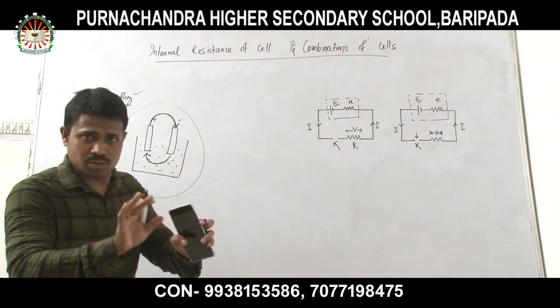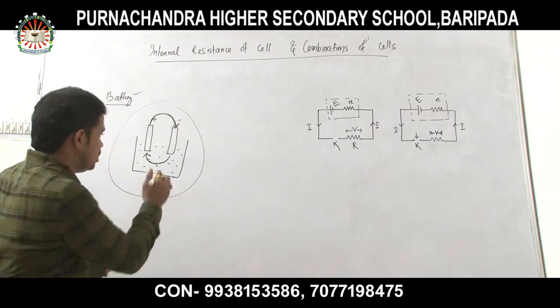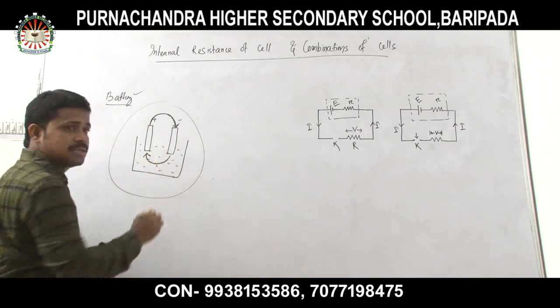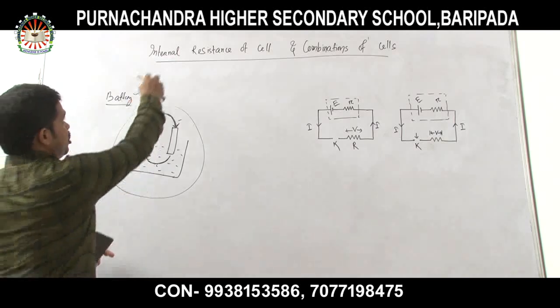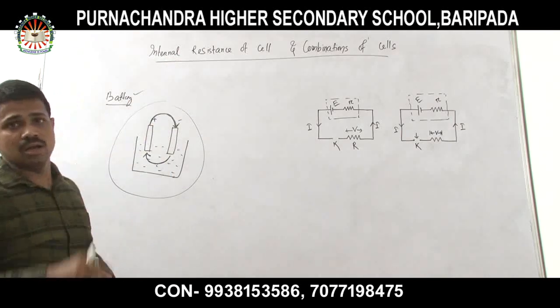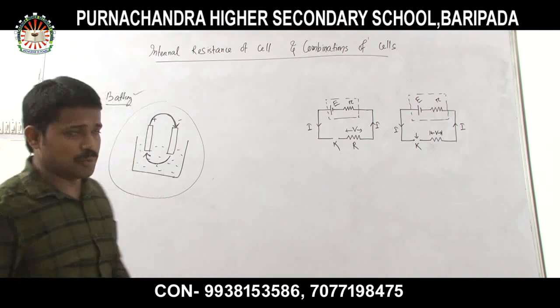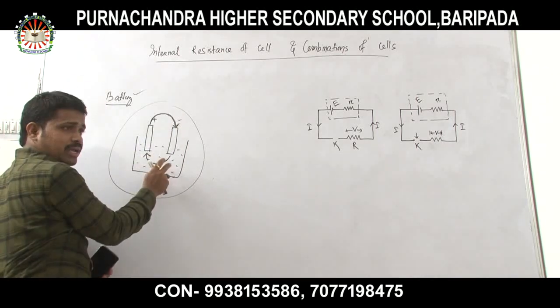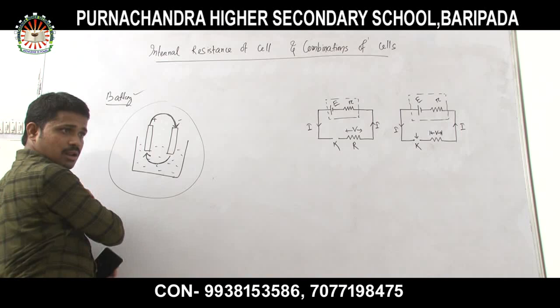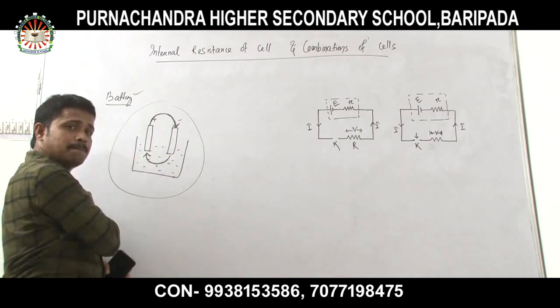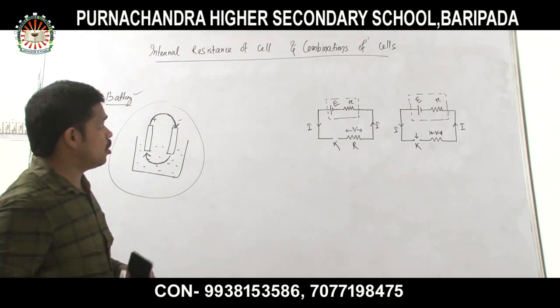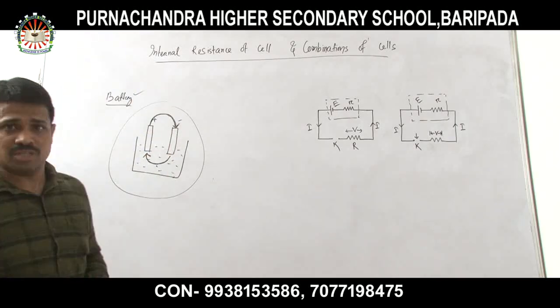It will oppose the flow of current inside the electrolyte. That opposition of the electrolyte present inside the cell to the flow of current from negative terminal to positive terminal is called the internal resistance of the cell.